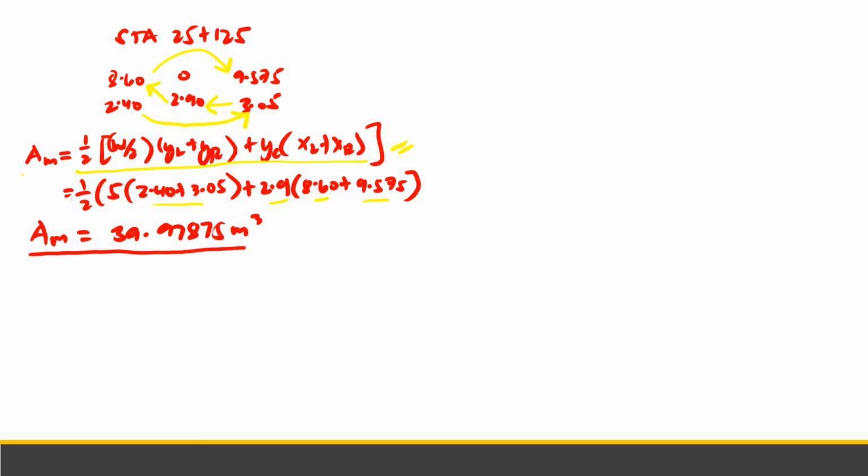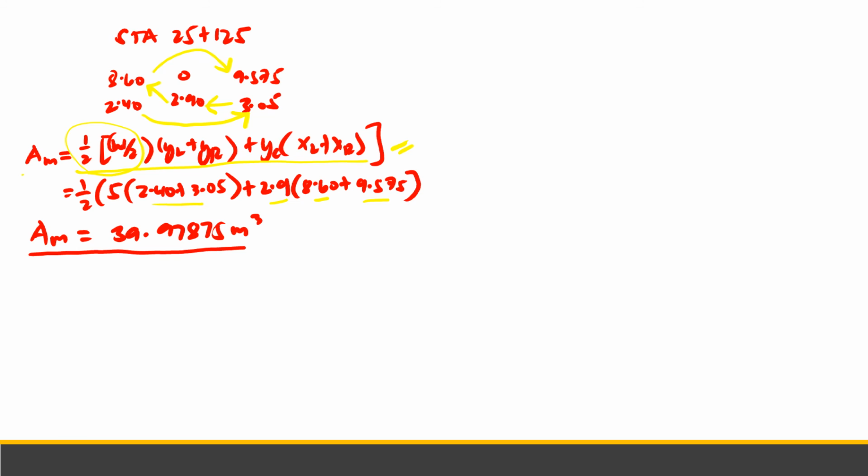You can also use the manual method of dividing the area into 4 triangles, but the advantage of this is you don't need to draw a cross-section. You only need to remember this and the operations to use. So the area middle is 39.98, almost 40 square meters.